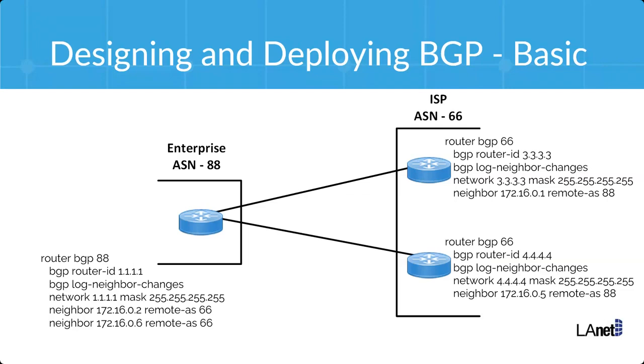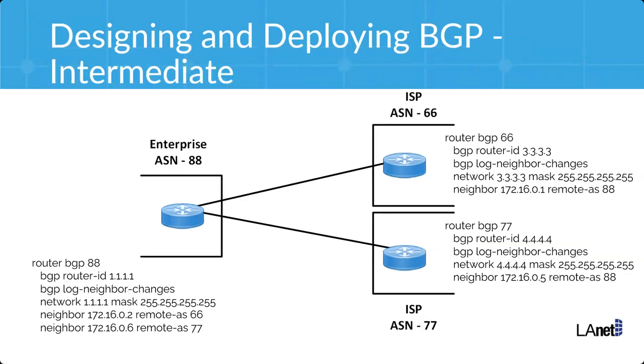So let's add some more redundancy. Now I have my router, and I still have two links, but now they're going to different ISPs, right? So if my router fails, I still fail. However, if router A in ASN 66 fails, I'm still good because I still have a connection through ASN 77.